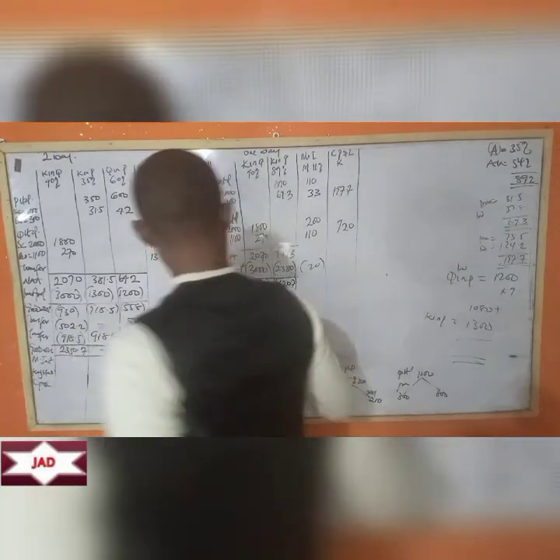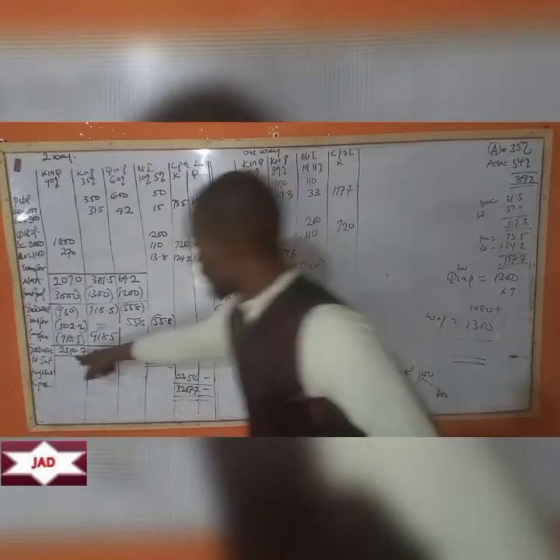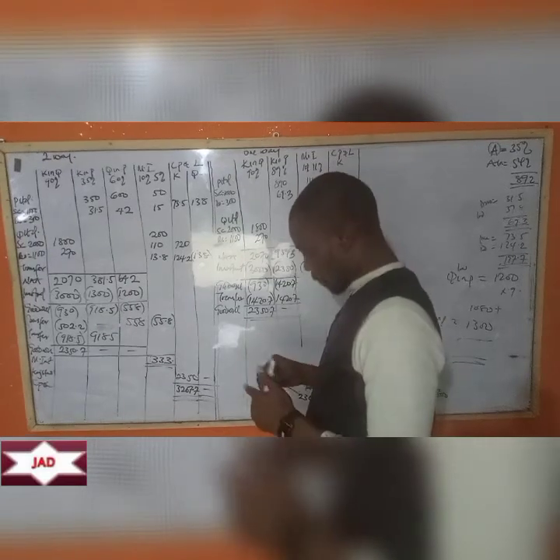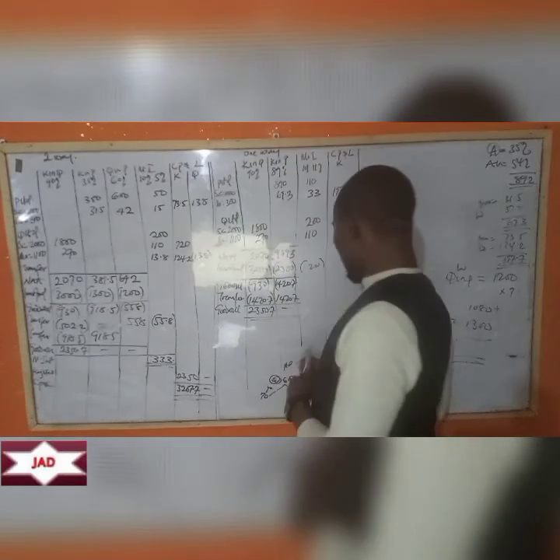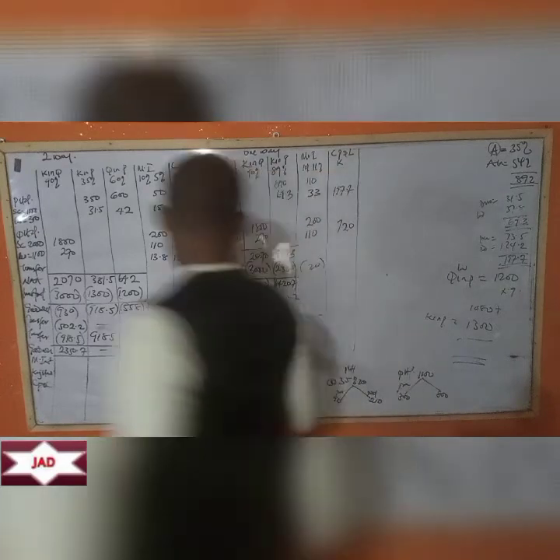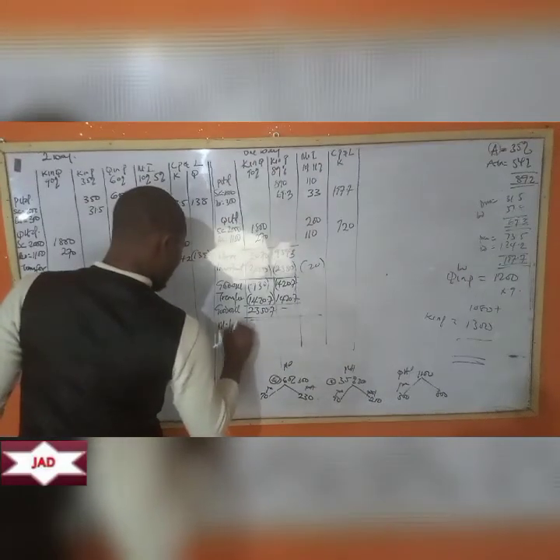So you can see the goodwill we have here, using both methods. So let's go now. So we have what? Minority interest.